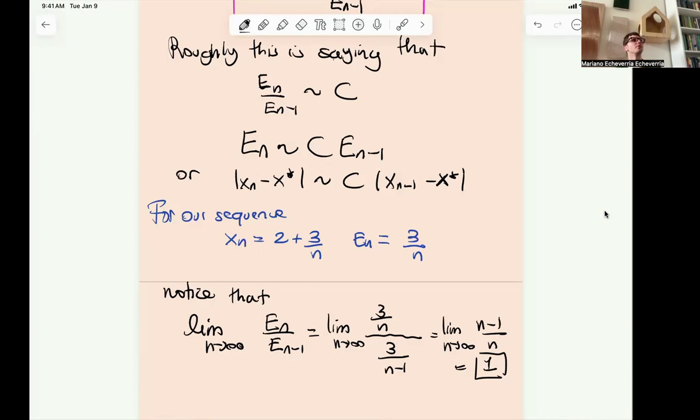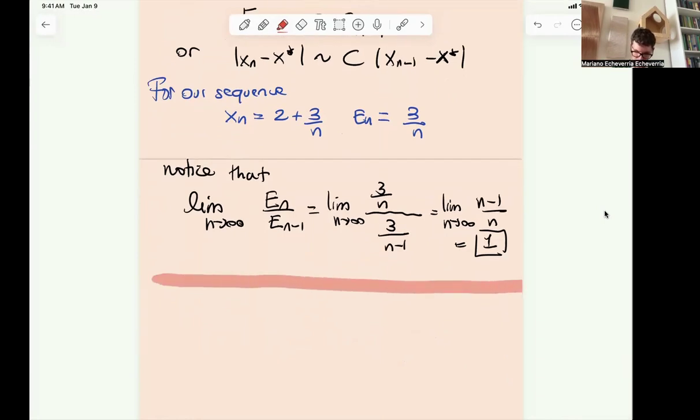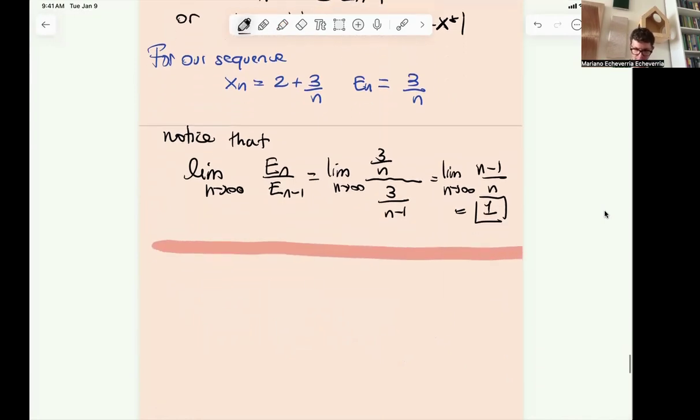Okay, so what I wanted to at least mention today is that in the fixed point theorem, the errors rescale linearly. So that's what I wanted to discuss today. Let's consider the fixed point theorem. Let's consider the sequence for the fixed point theorem.